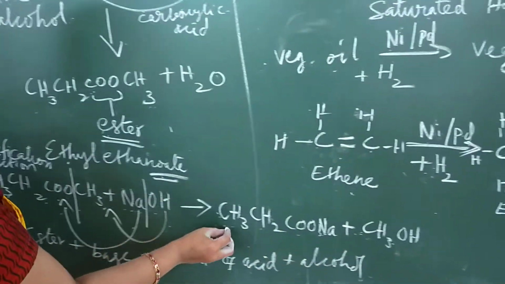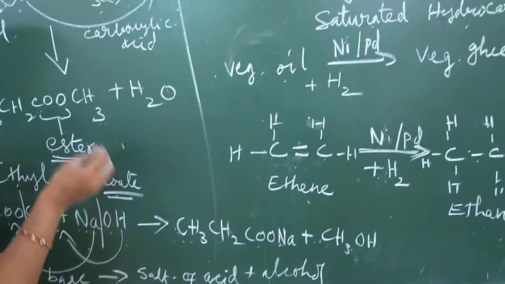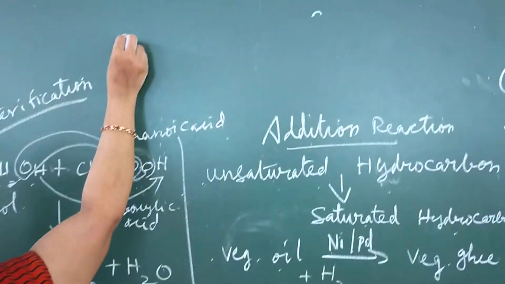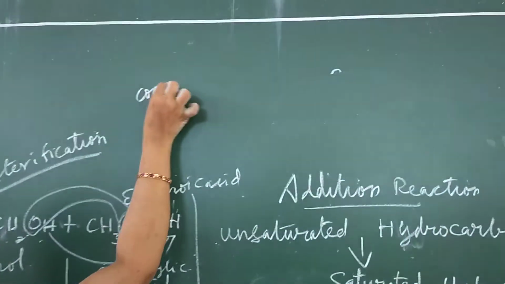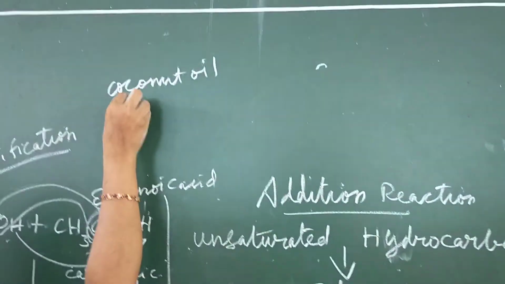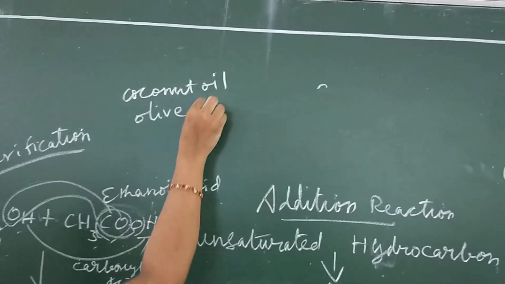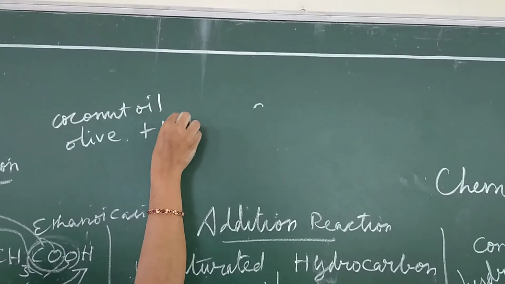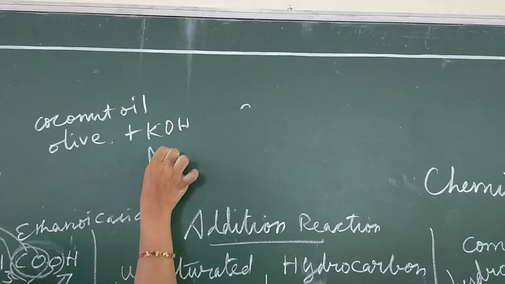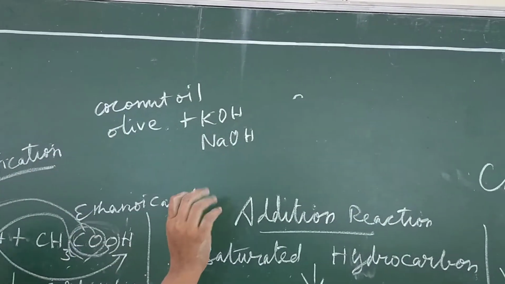So actually soap is sodium salt of fatty acid. Any type of vegetable oil like coconut oil or olive oil, you can add in the presence of potassium hydroxide or sodium hydroxide. You will be getting the particular salt, that salt only known as soap.